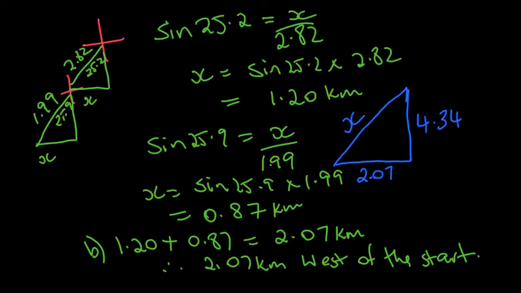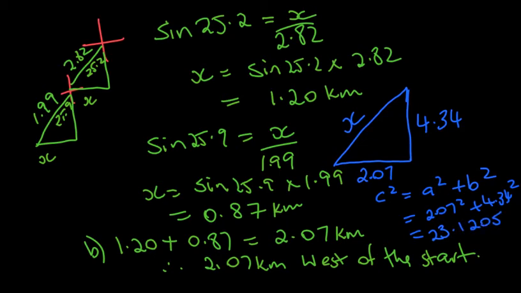So c squared equals a squared plus b squared, which is 2.07 squared plus 4.34 squared, which gives you 23.1205. So C is going to be equal to the square root of that, which is going to give us 4.81 kilometres. Sorry, to 2 decimal places.